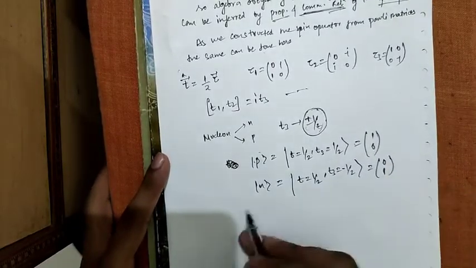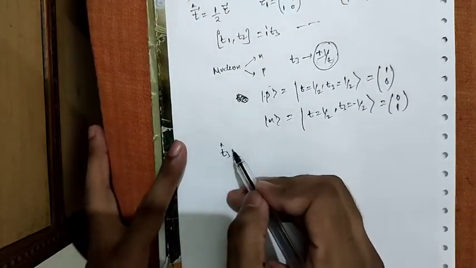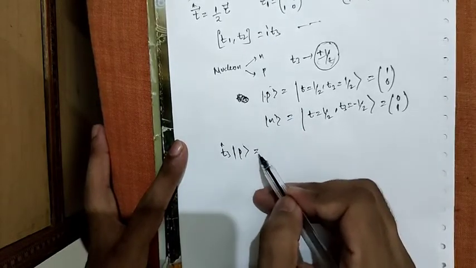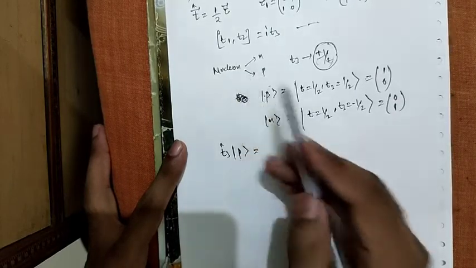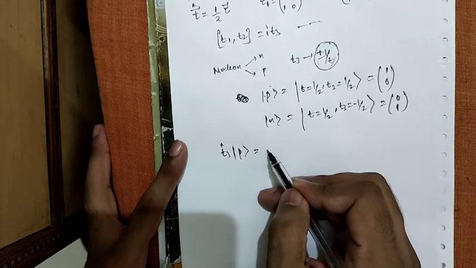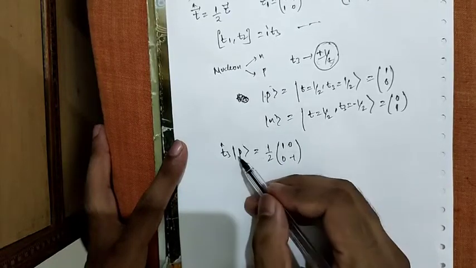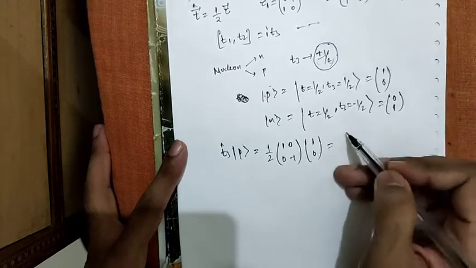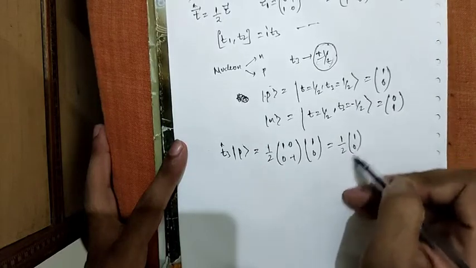When the T3 operator acts on the proton eigenket, T3 equals tau 3 by 2, and tau 3 equals [1, 0; 0, -1]. When it acts on the proton (1, 0) column, on evaluation it gives half of (1, 0).